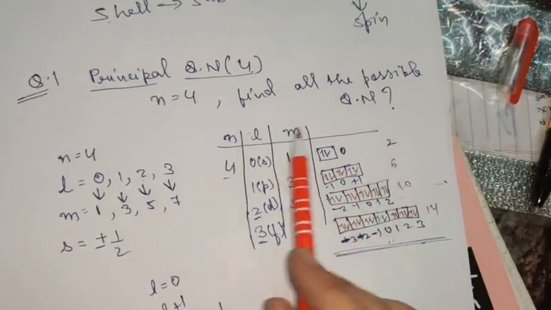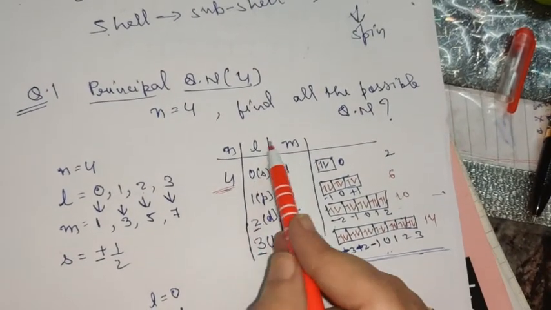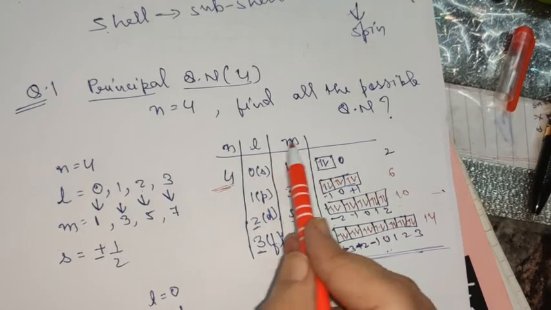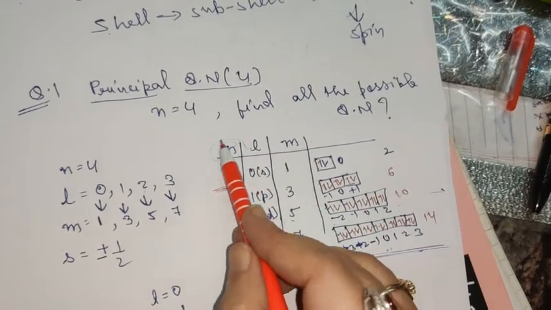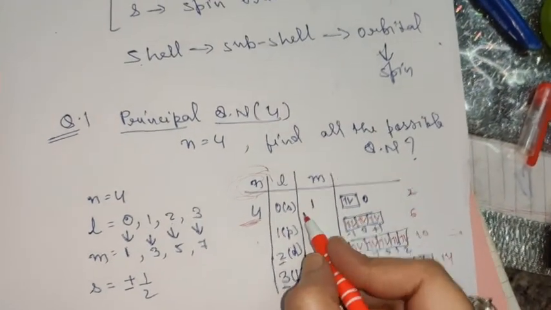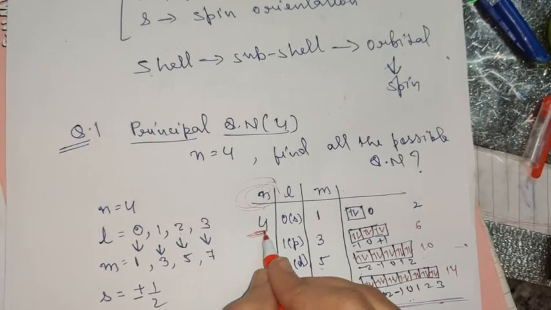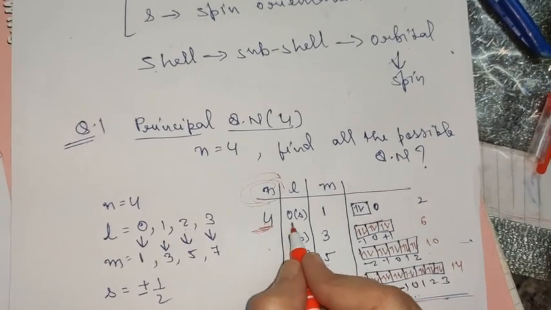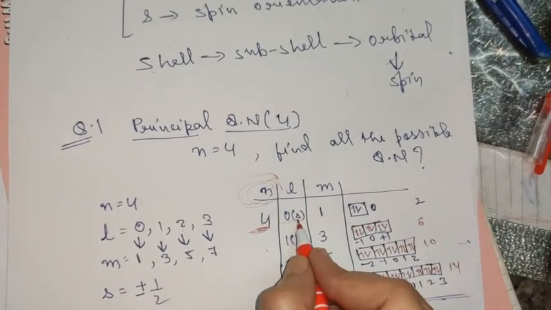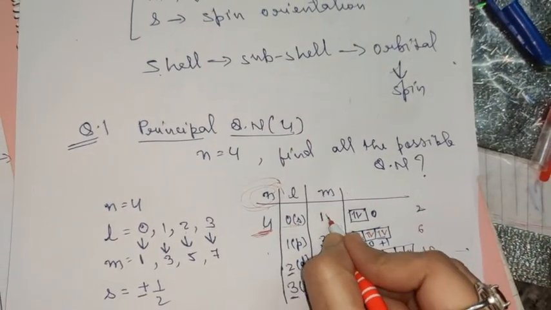So children, these are the various pieces of information that we can get for the various quantum numbers when you have this value of n with you. Now how will you represent this? We know that shell number is 4 and subshell is S. So you can mention 4s.